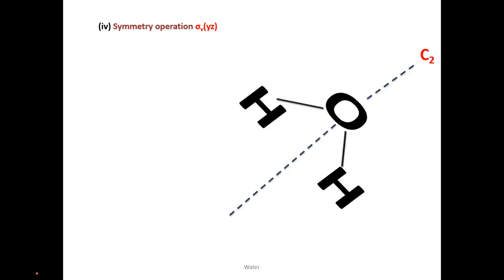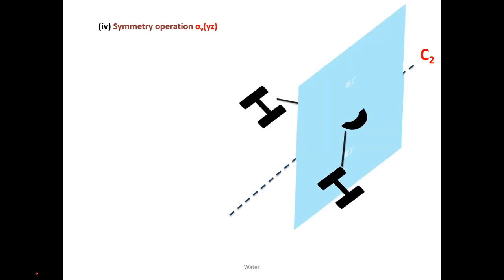Then we come to the fourth operation, the last operation, sigma v yz. The sigma v yz will be like this. It will be passing through the oxygen atom. It will be perpendicular to the molecular plane, and to the left of the plane you will find one hydrogen atom, and to the right of the plane you will find another hydrogen atom, and the oxygen atom is present in the plane itself.